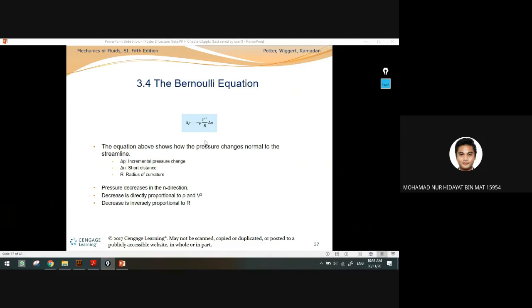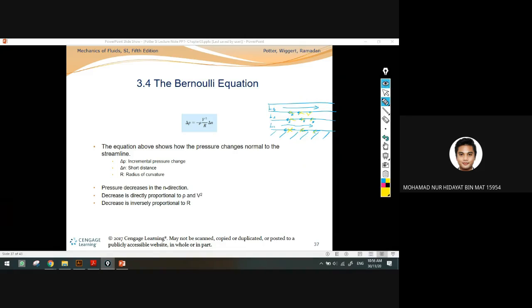So this is the equation that shows the pressure change normal to the streamline. Let me explain a little bit about this equation. Mathematicians have derived this equation for when the flow is like this, okay, this is normal.